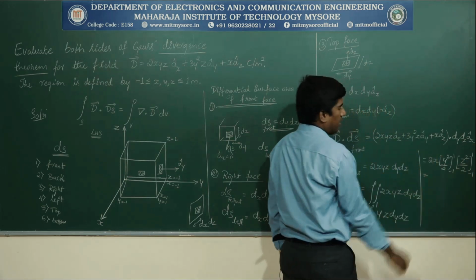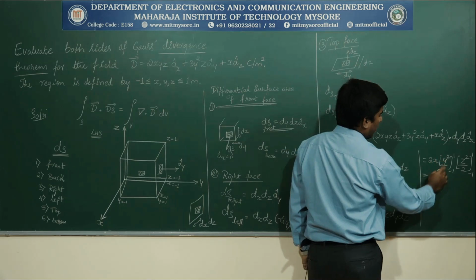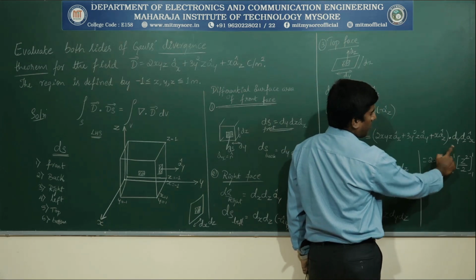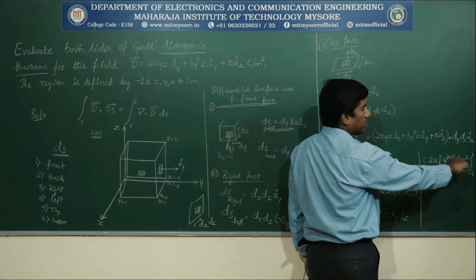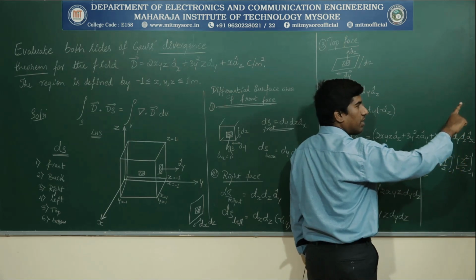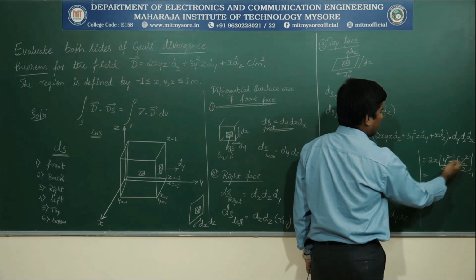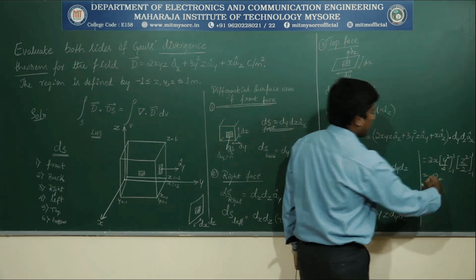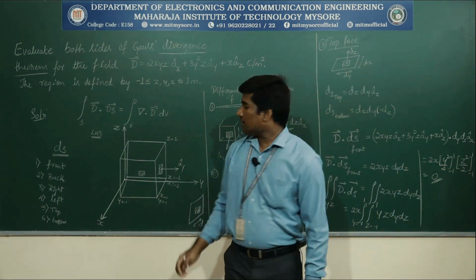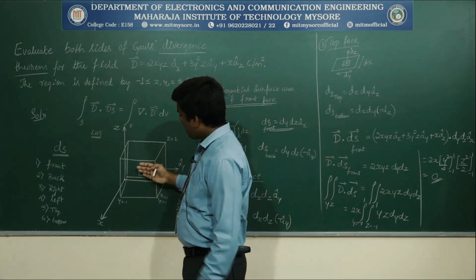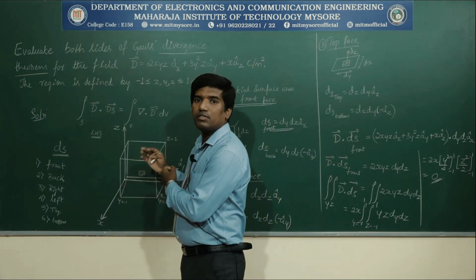What is the answer here? 1 square minus of minus 1 square. Minus 1 square is again 1. 1 minus 1 is 0. 0 into 0 is 0. So the answer is 0. The total flux obtained from the front surface is 0.